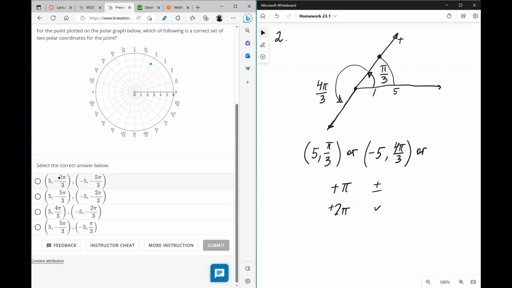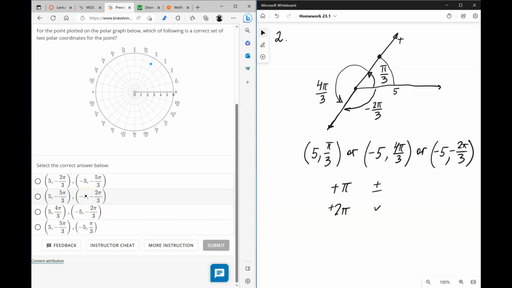So alternatively, we can go negative 2 pi over 3, and then we will be facing the same direction as 4 pi over 3, so the answer will be negative 5. And alternatively, we can also go a full rotation, but none of them seem to be that large. So again, negative 5, negative 2 pi over 3, it's this one.